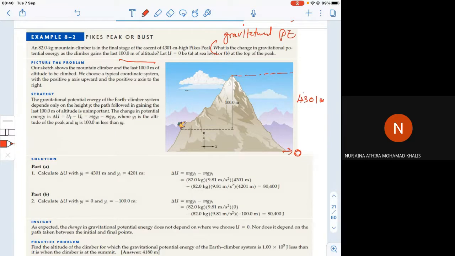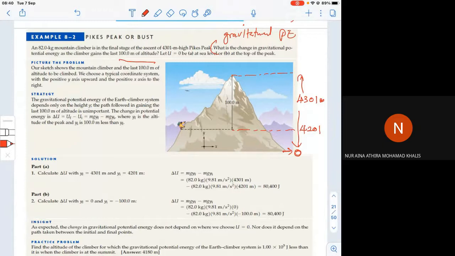The climber is 100 meters from the top. So right now this climber is at 4,201 meters from sea level.